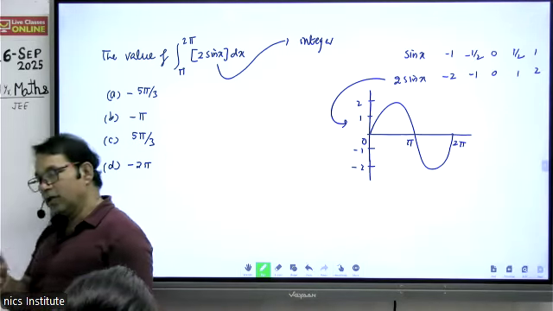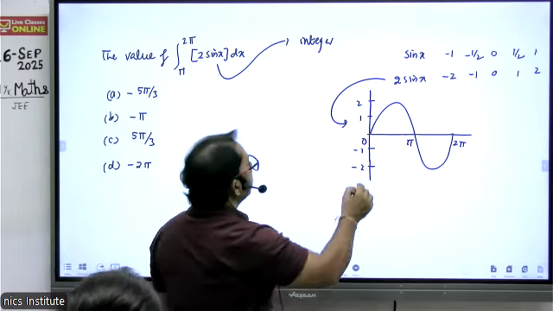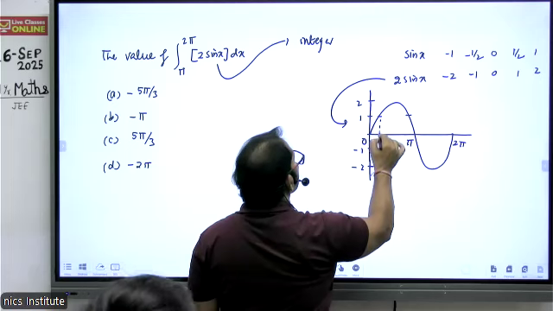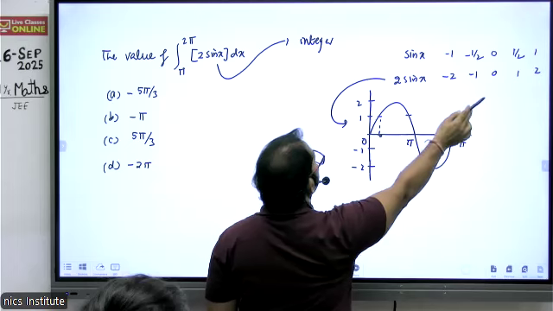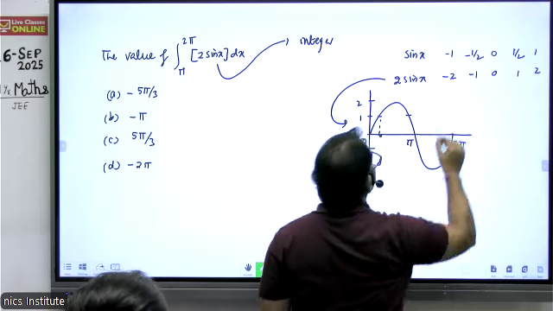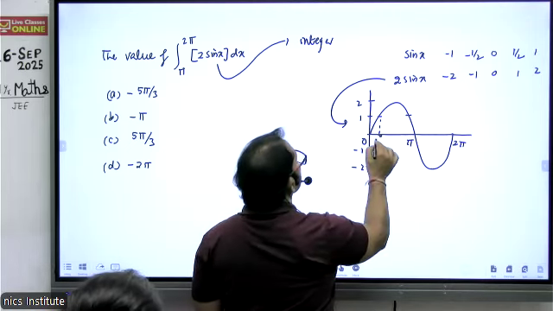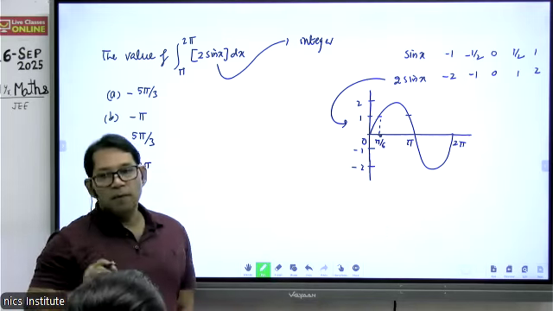But I'll get all the limits right from 0 to 2 pi. Okay? So we have to break it over here. So tell me, when 2 sin x is 1, that means sin x is 1 by 2. Sin x 1 by 2 कब होता है? 30 degree. Pi by 6. So one limit would be pi by 6.